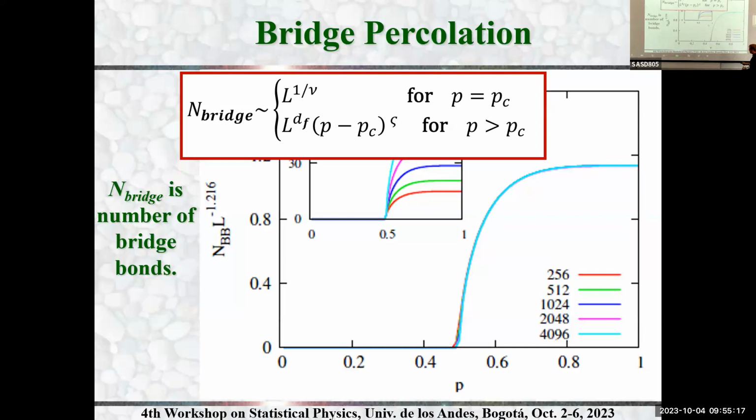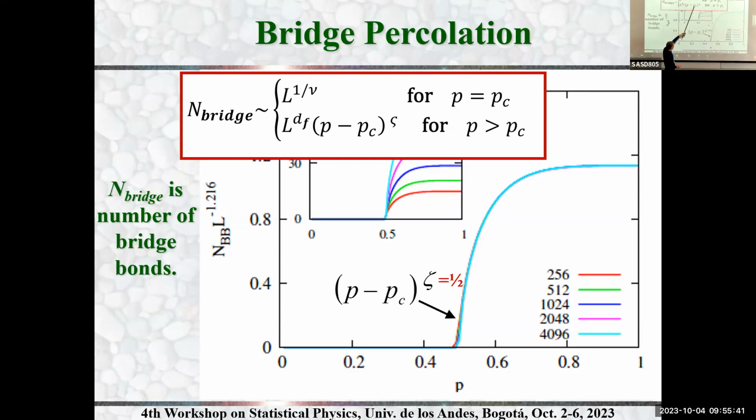And this universal curve has here a power law behavior with a square root. Here's a square root behavior, okay? And so you can put this behavior together into this kind of law. It says that the number of bridge bonds scales with system size at PC like the red bonds.